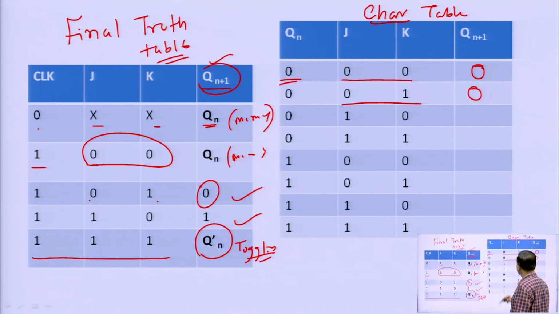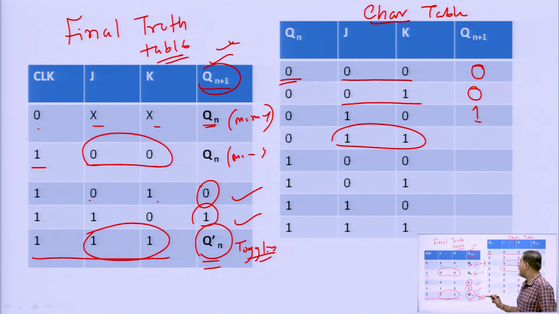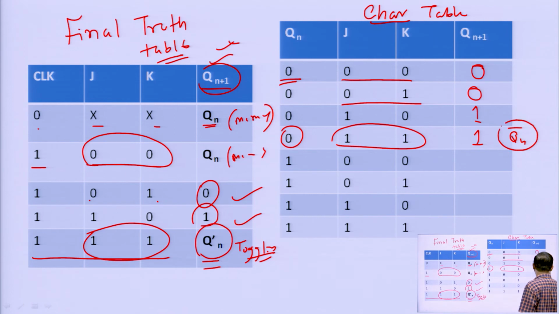We will write that like this, then for 1 0 the next state will be 1, we will write that. Now, when J and K are both 1 1, the next state will be Q n bar, means the toggling of the next state, complement. Here Q n is 0, so Q n bar will be 1, this is very important, this is nothing but Q n bar. Okay.